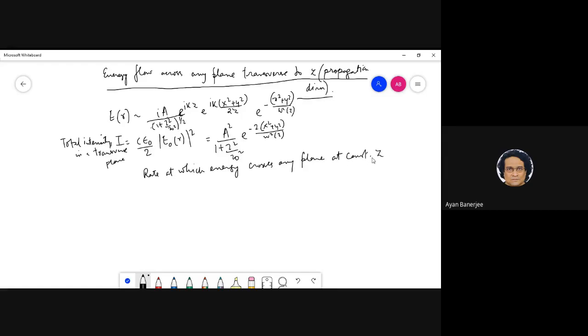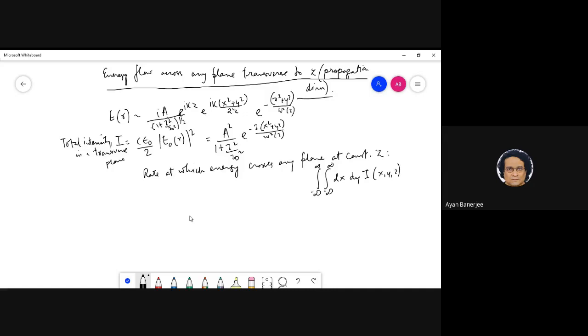That will be nothing but integrating across x and y, minus infinity to infinity and minus infinity to infinity, dx dy I of x, y, z, right? So that is very simple.